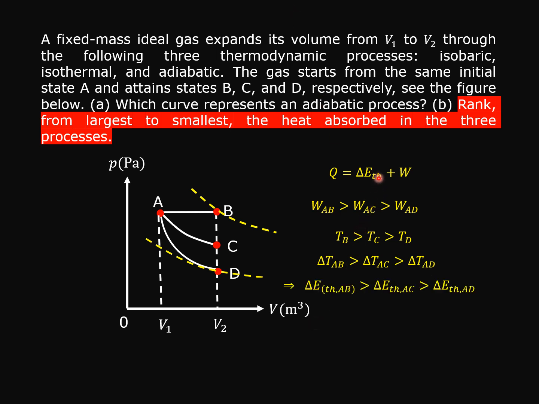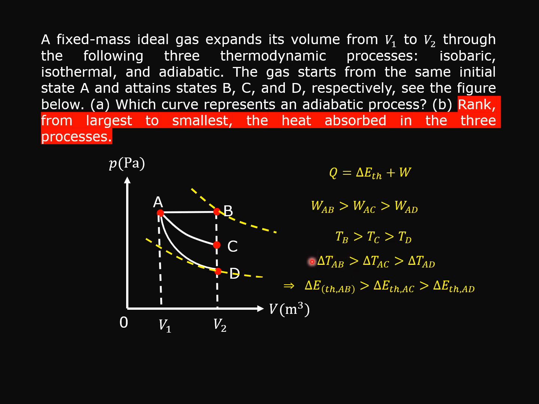We know that internal energy is a state function. It depends on the temperature T. Therefore, the internal energy change of the gas also depends on the change of the temperature.